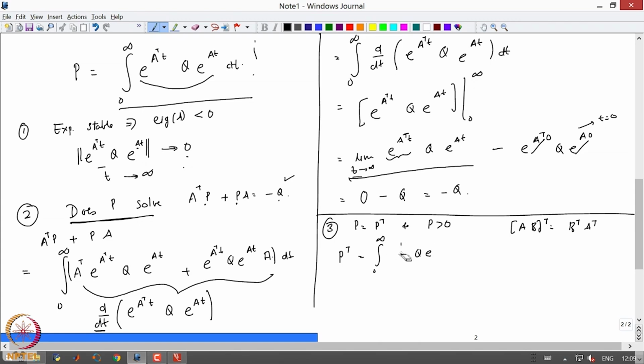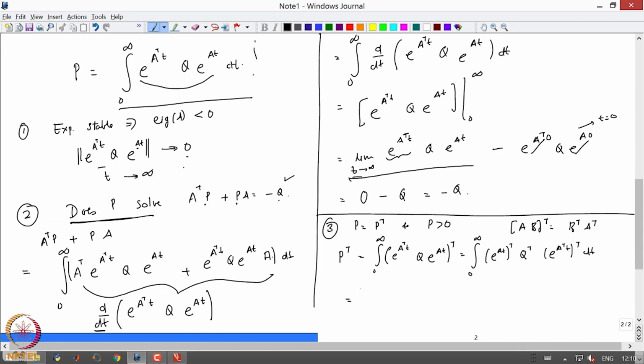Okay, I will just maybe write a little more elaborate steps. I have e power A transpose t, Q, e power A t, the transpose of this. So, this will be the integral from 0 to infinity of the transpose of e power A t, Q transpose, e power A transpose t, the transpose of it.